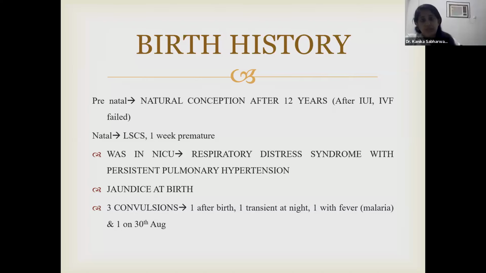He was 1 week premature. There was respiratory distress, and I think the NST was not good, so they did an LSCS. Despite being just 1 week premature, he went into respiratory distress syndrome with pulmonary hypertension, so he was in the NICU. He also had neonatal jaundice, and he also had his first convulsion at birth.